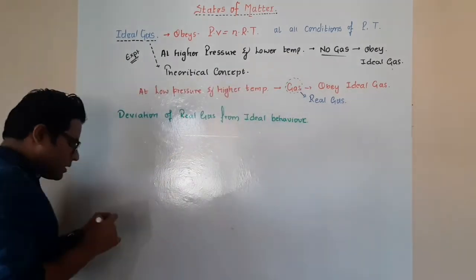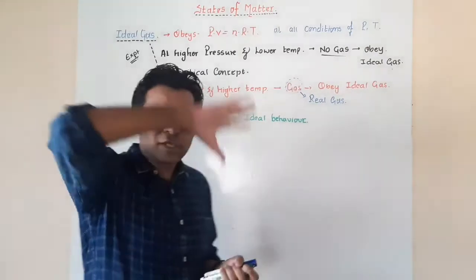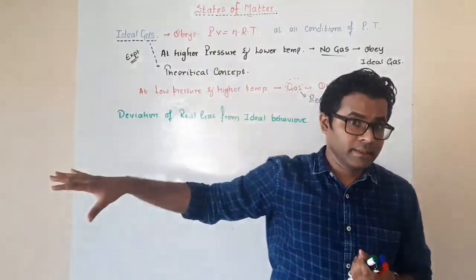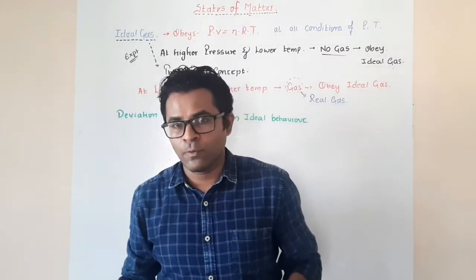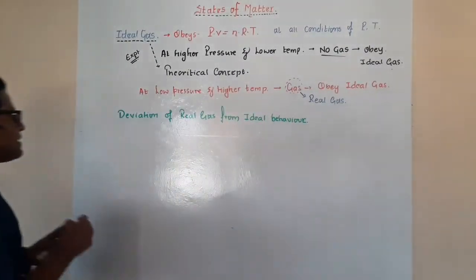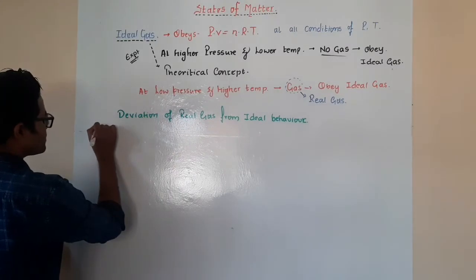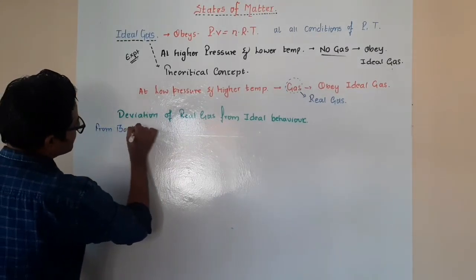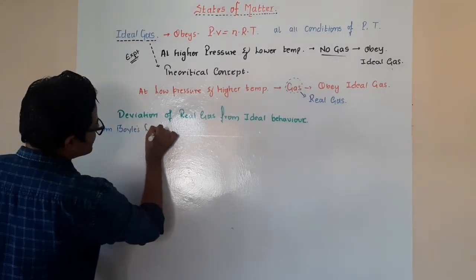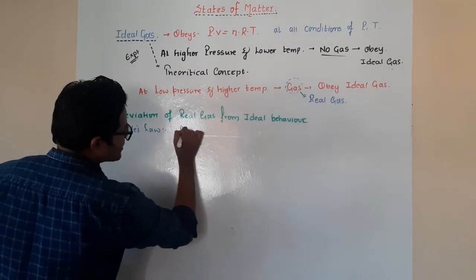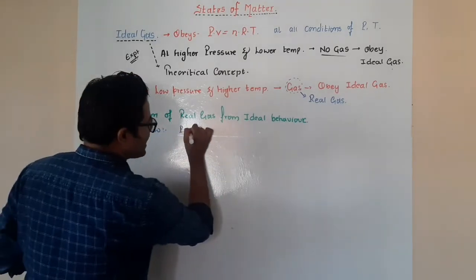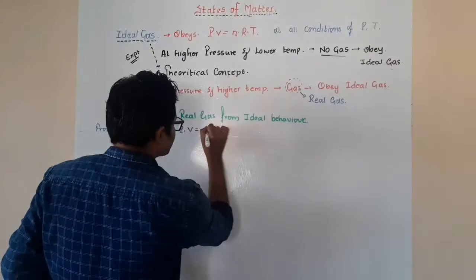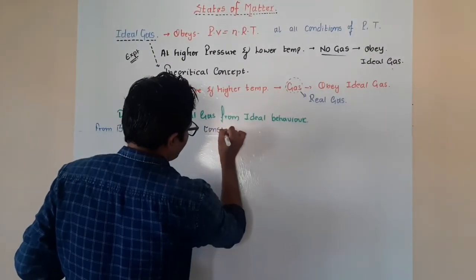In order to understand this, we need to go back to our first law, the one we had already studied, Boyle's law. From Boyle's law we have the expression P into V, the pressure into the volume, and this product always remains constant, right?